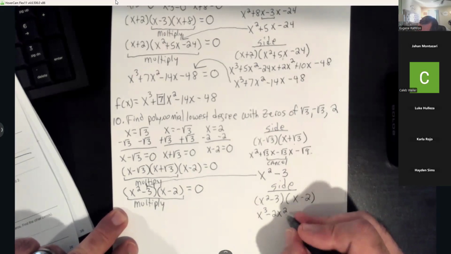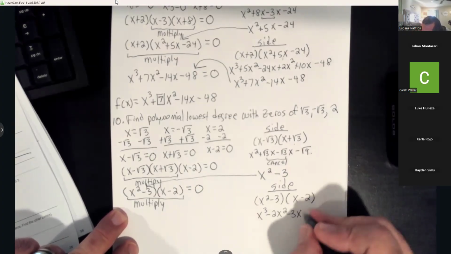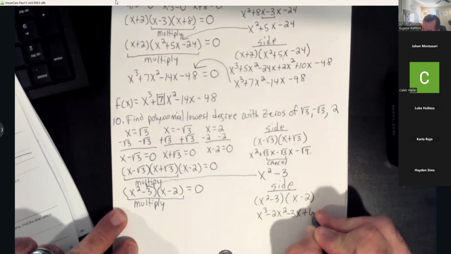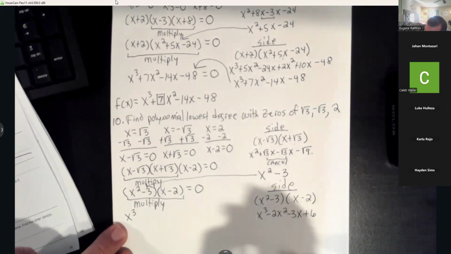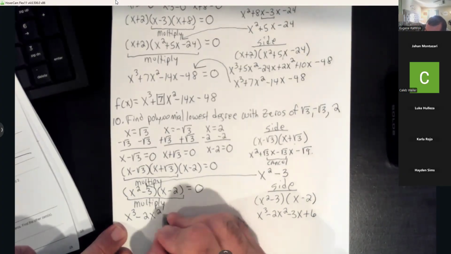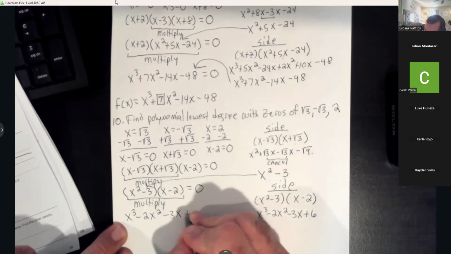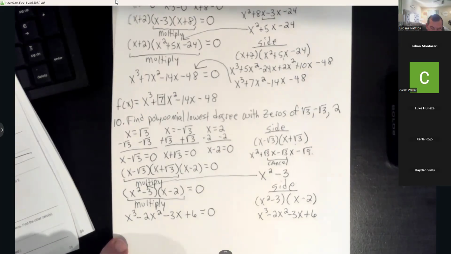Negative 3 times x is a negative 3x. And then negative 3 times negative 2 is a positive 6. So this works out to x cubed minus 2x squared minus 3x plus 6 equal to 0.